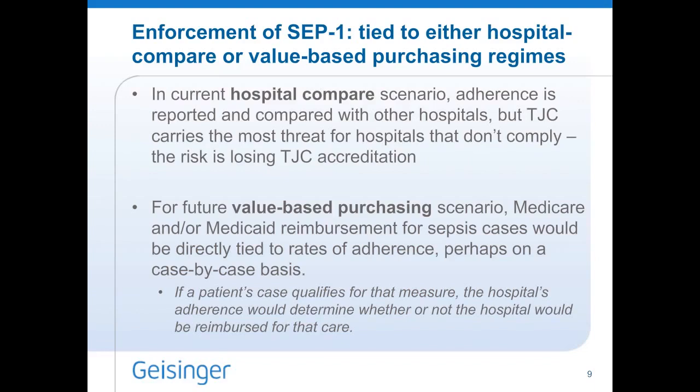But the door is opened, and people are alluding to the fact that future value-based purchasing scenarios will be added to the SEP1 as it evolves. And this means that Medicare and Medicaid reimbursement for sepsis cases would be directly tied to your hospital's rate of adherence to these core measures on a population-based level, but also even to the granular level of a case-by-case basis.